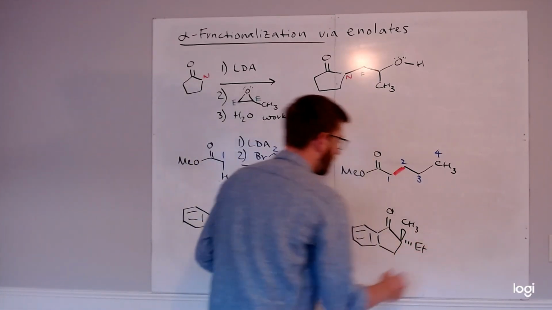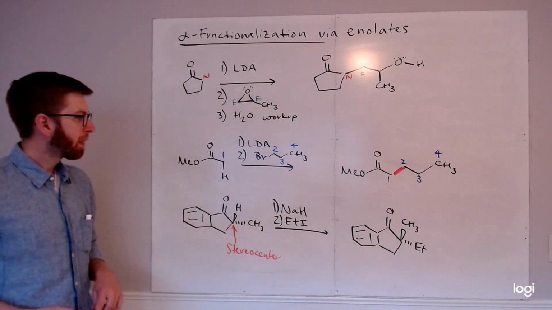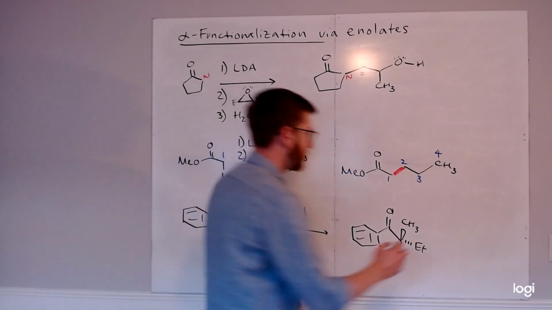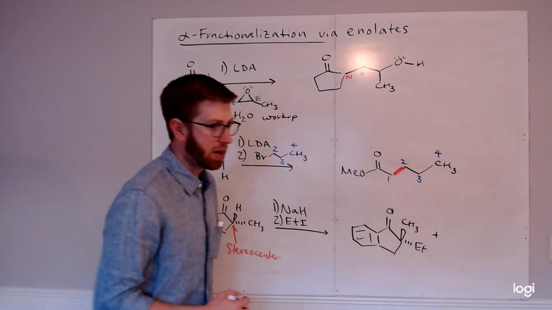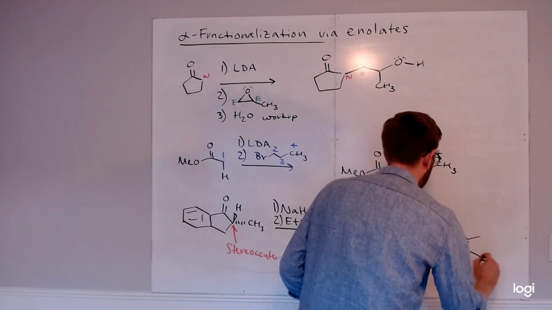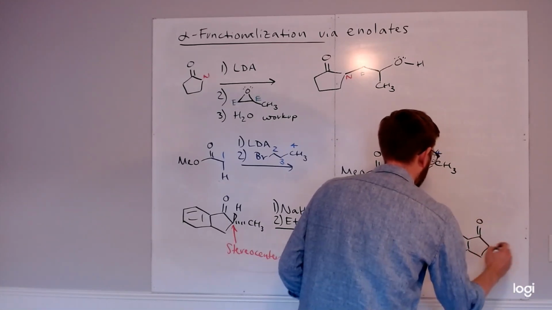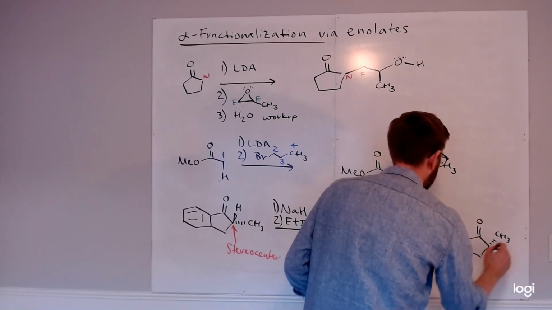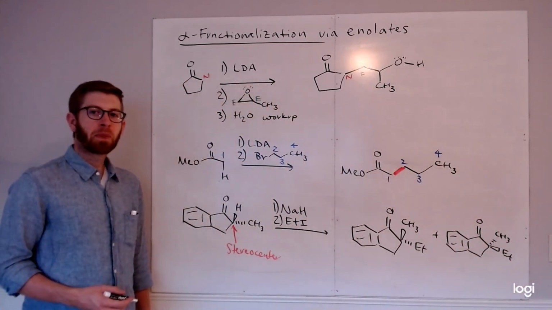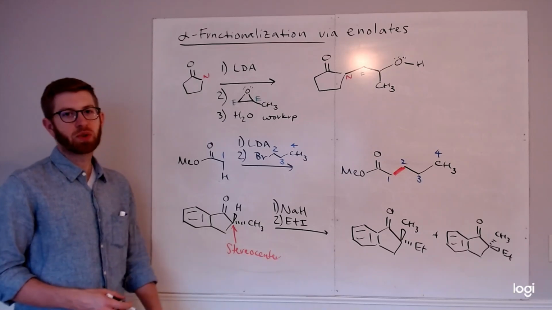So this would be a totally predictable answer because of the fact that we've invoked SN2. But it turns out if you run this reaction, you get another product. You get that.